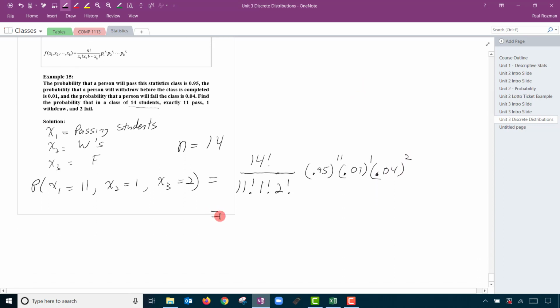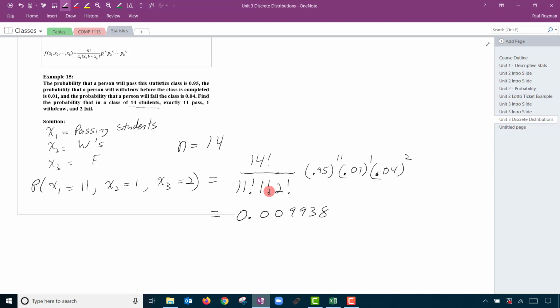Grind all that out. It's low. It's 0.009938. These will all be fairly low just because there have to be so many different ways everything can happen. So to ask for any one particular order will always be low.